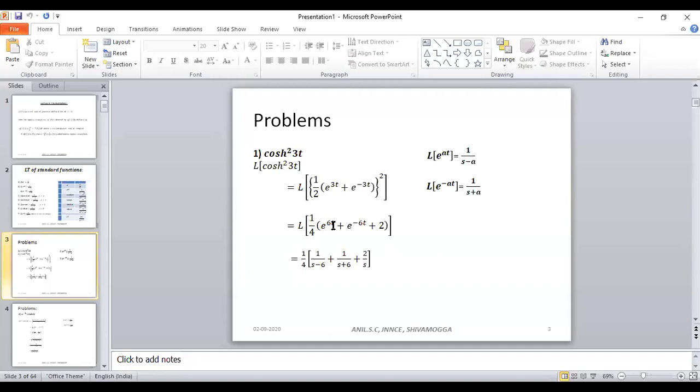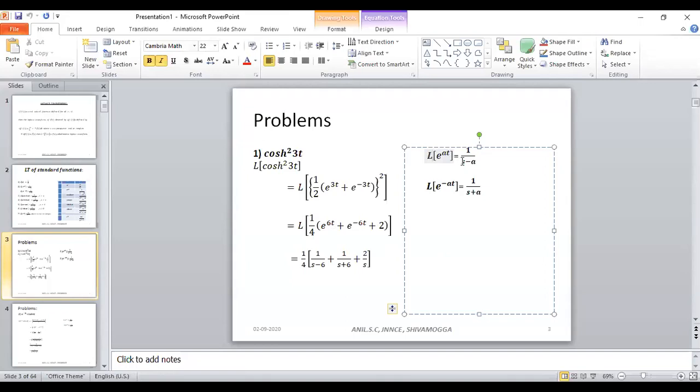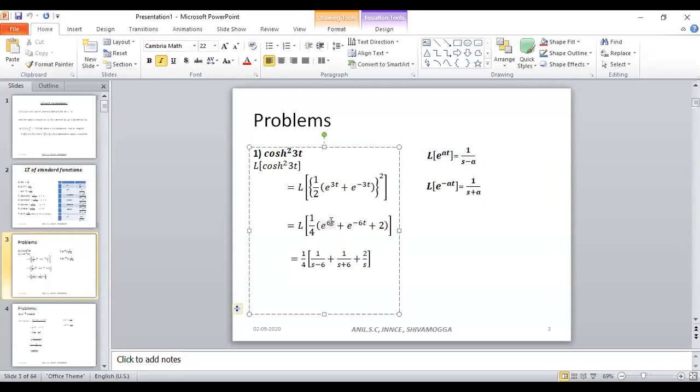The first term is Laplace transform of e power 6t. It takes this form, Laplace transformation of e power at. Laplace transform of e power at is 1 over s minus a, right? Here a is 6, therefore 1 over s minus 6, plus Laplace transform of e power minus 6t.